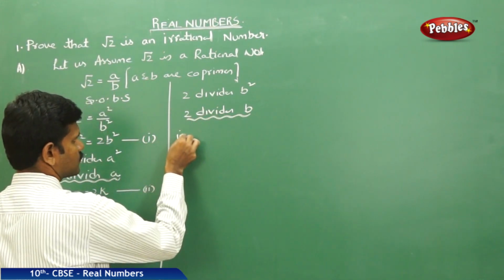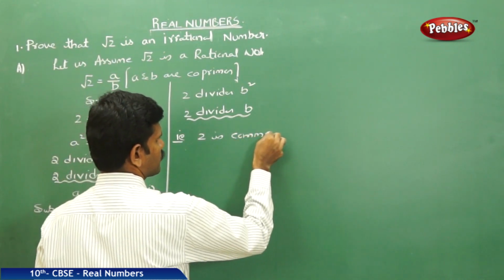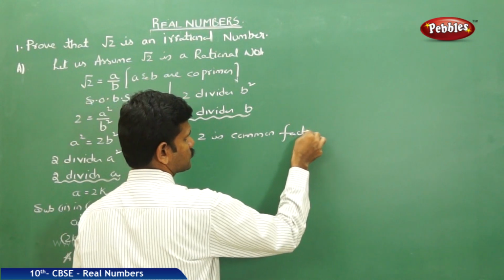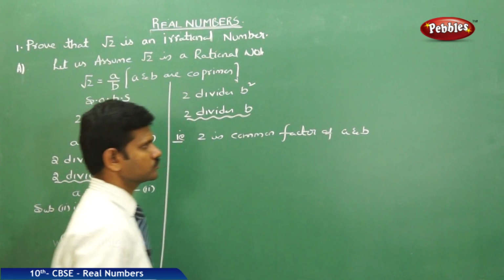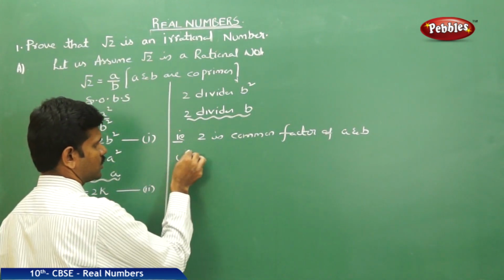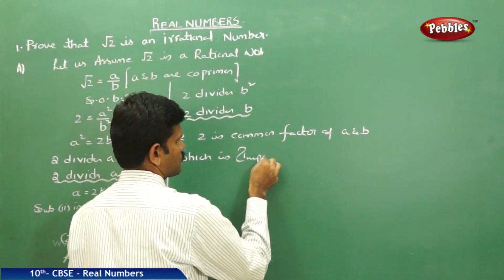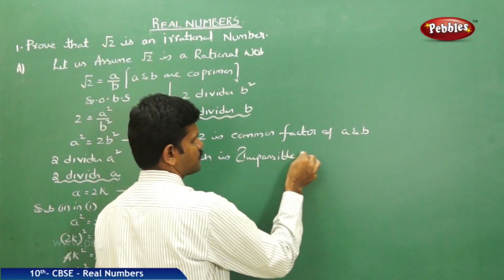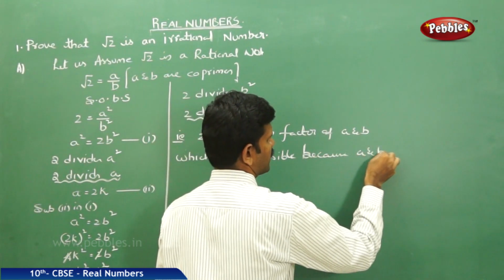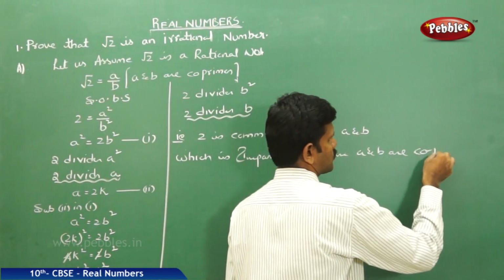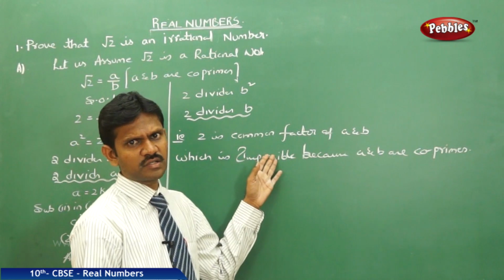That is, 2 is a common factor of a and b, which is impossible because a and b are co-primes. Therefore, which is a contradiction. Why?